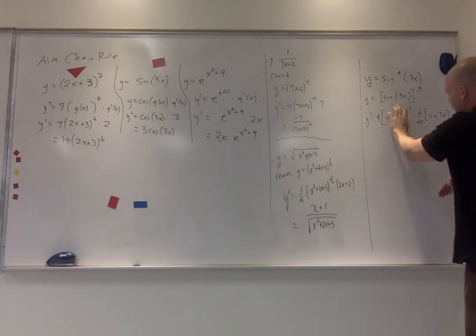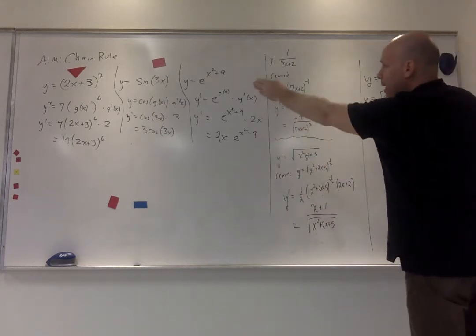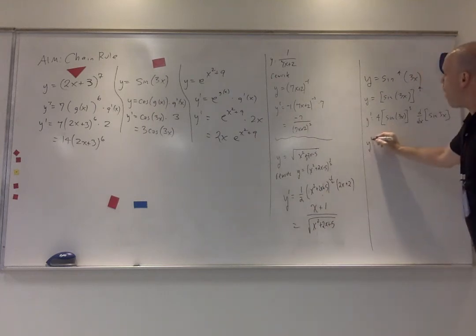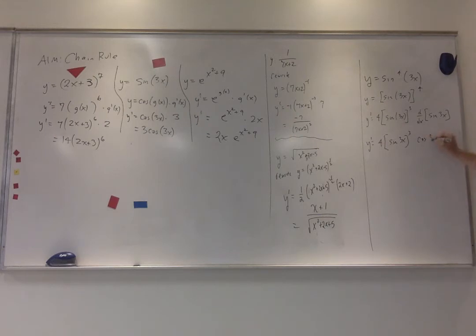So this part is taken care of. Now I have to take the derivative of this part. Well, we just did that over here. So we know y prime is equal to 4 times sine of 3x cubed times cosine of 3x times 3.